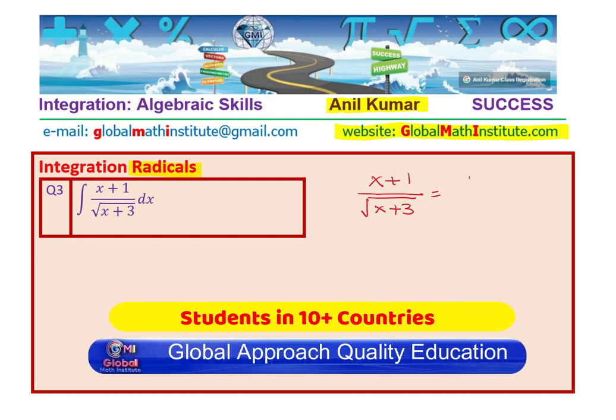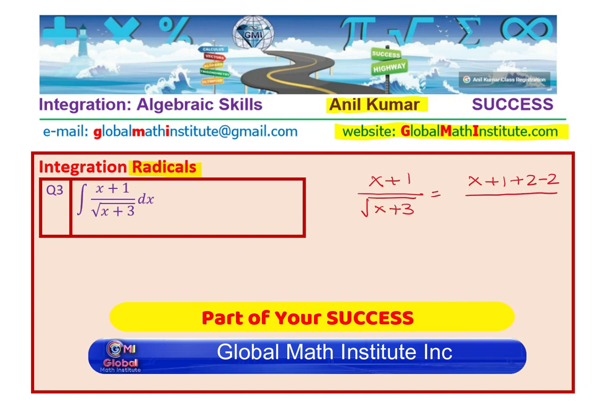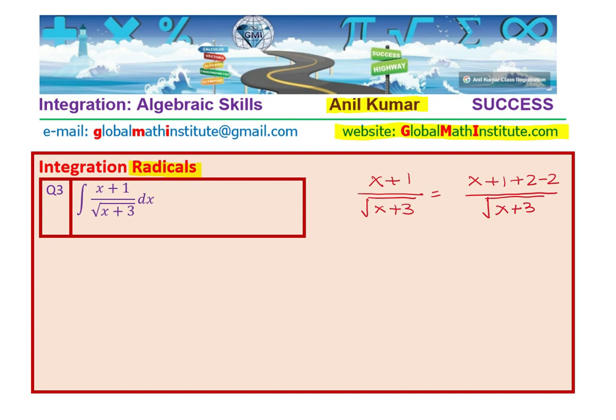I can write the numerator as x, but I want x plus 3. So how do I get plus 3 here? By adding 2 and subtracting 2. That will make the numerator x plus 3. So we have partially factored the expression.